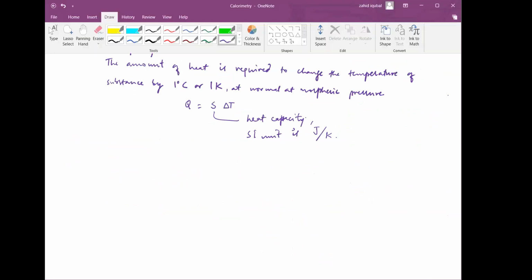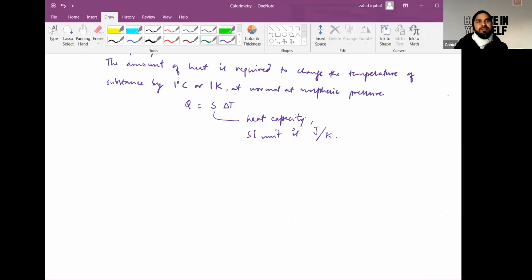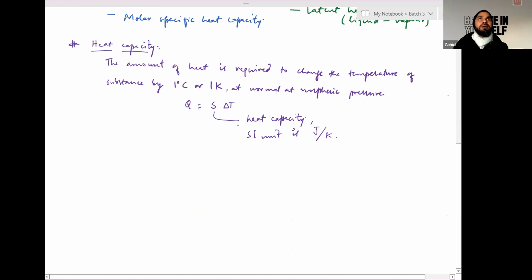Next, since in this part there is no specific mass or specific amount mentioned, if you define a specific term, it is called specific heat capacity or specific heat constant.